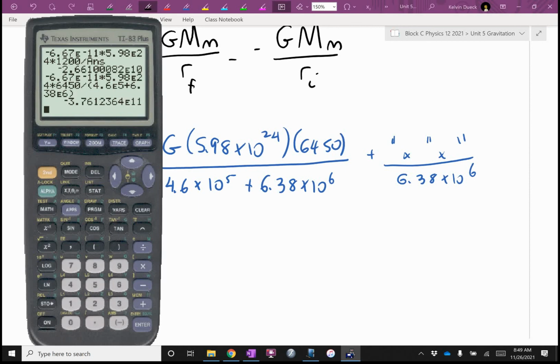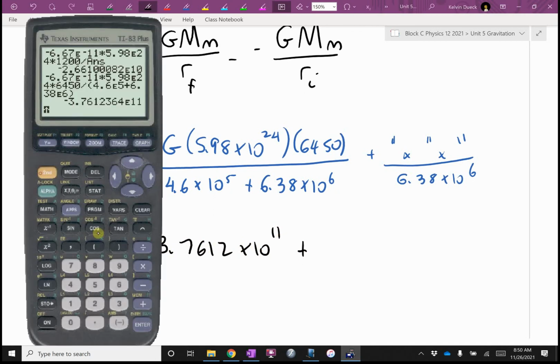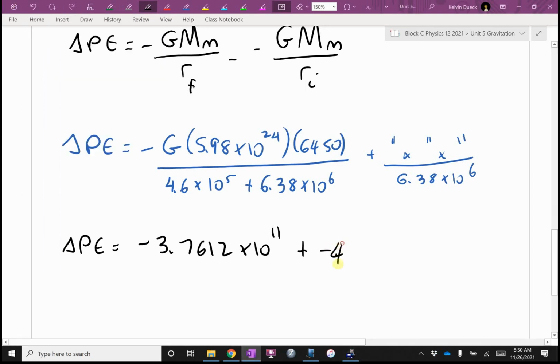Negative 3.7612 times 10 to the 11th. Plus 4.0324 times 10 to the 11th.